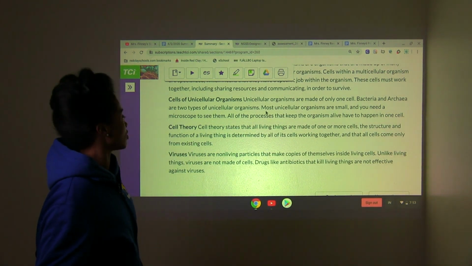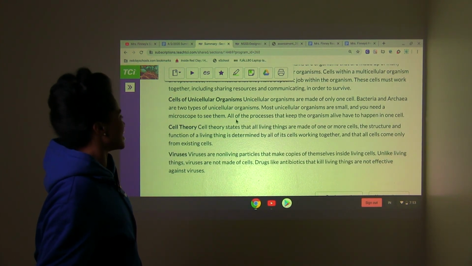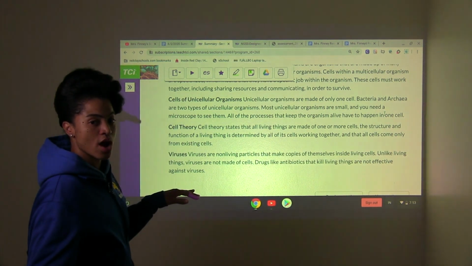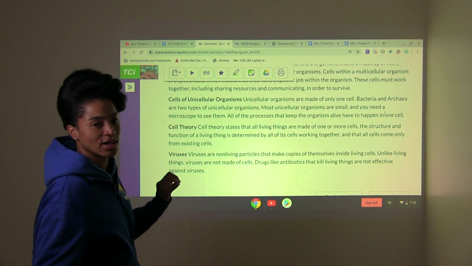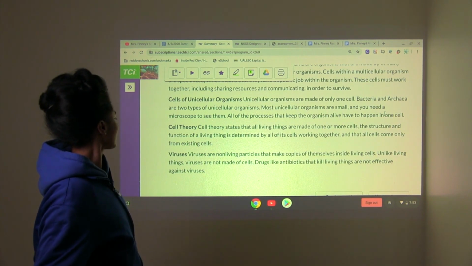Most unicellular organisms are small, and you need a microscope to see them. All of the processes that keep the organism alive have to happen in one cell. No collaboration required. The one cell is holding it down, doing everything for the unicellular organism.